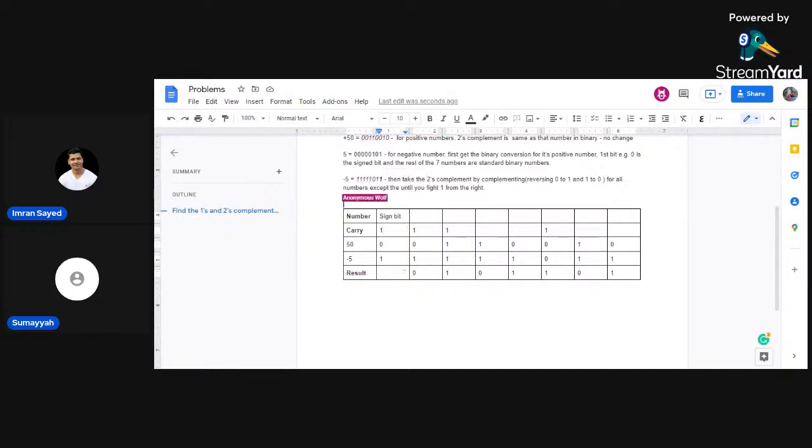Okay, so 0 here, and there is an extra carry. I should have made another column.